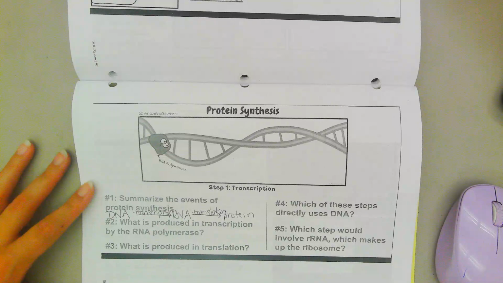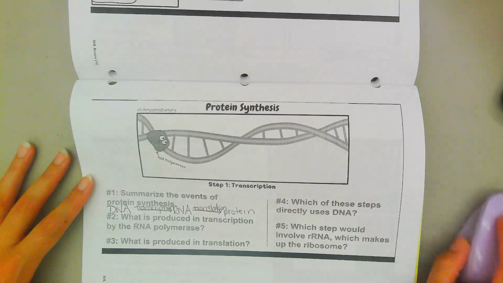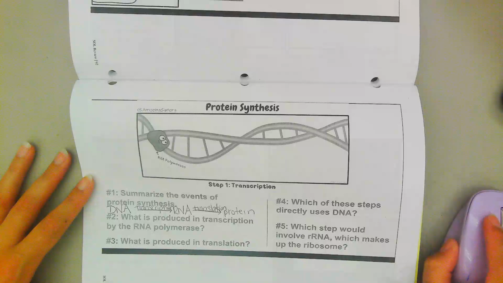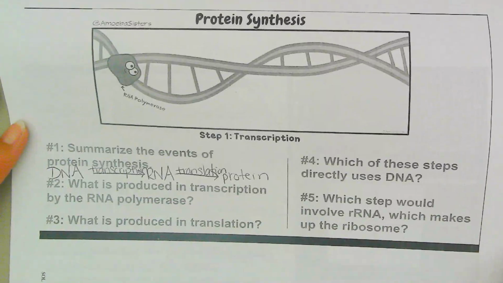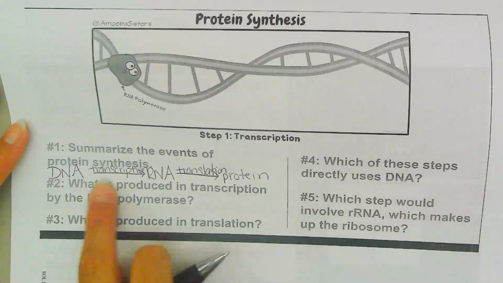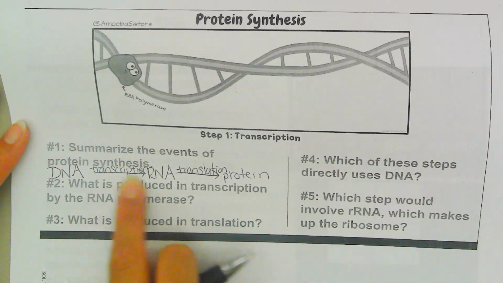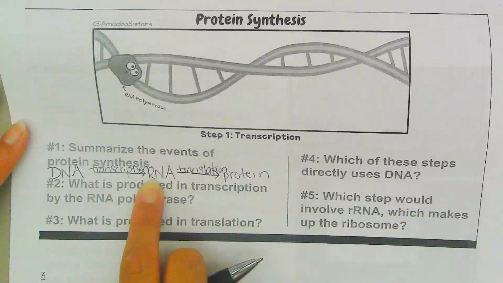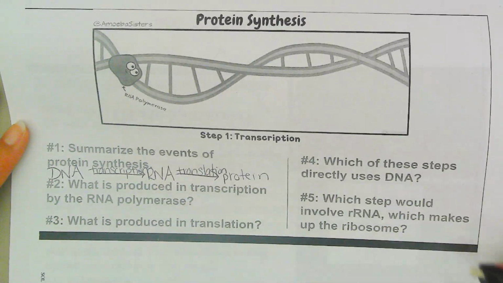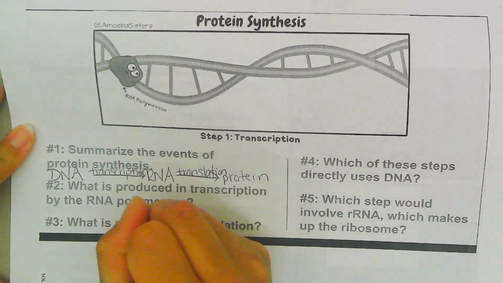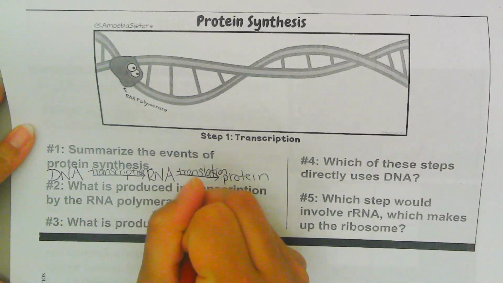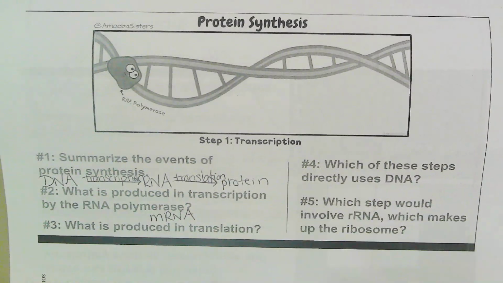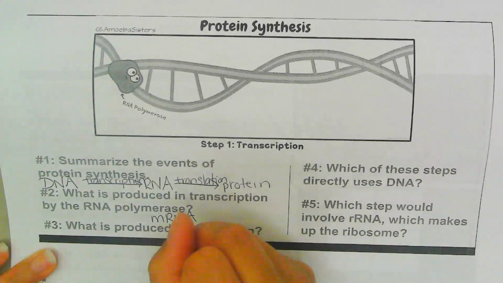What's produced in transcription? What do you get at the end of transcription? So transcription, I get RNA. Translation, protein.